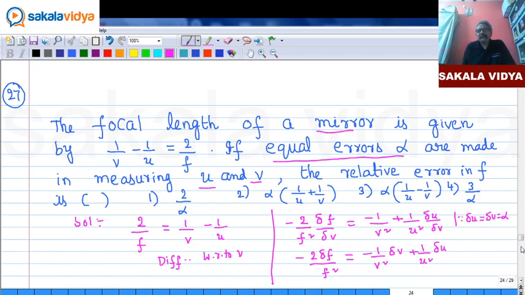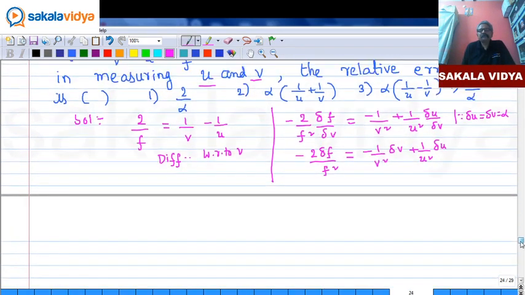So, let us go to the problem now. Here we need delta f by f, multiply with f on both sides. Let us write like this, no problem.